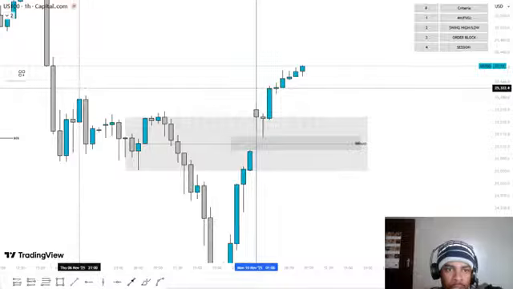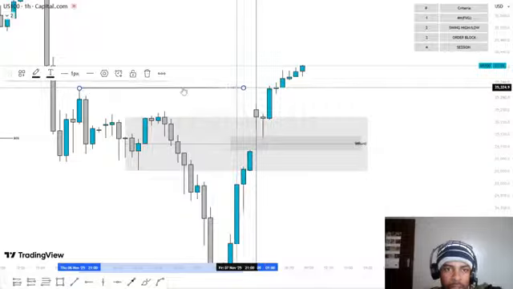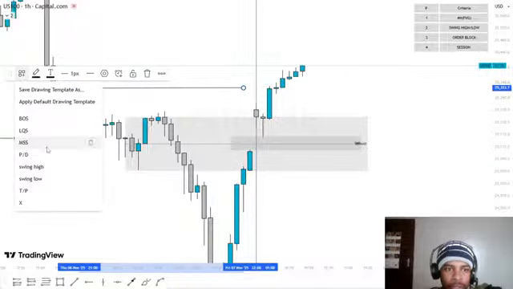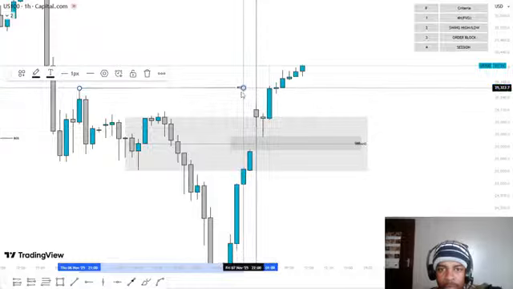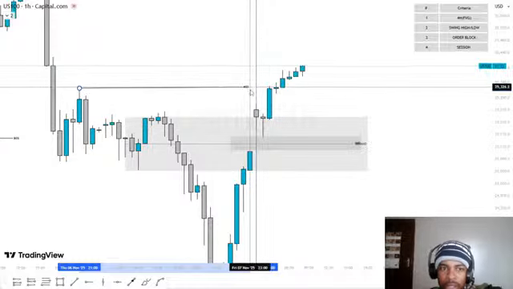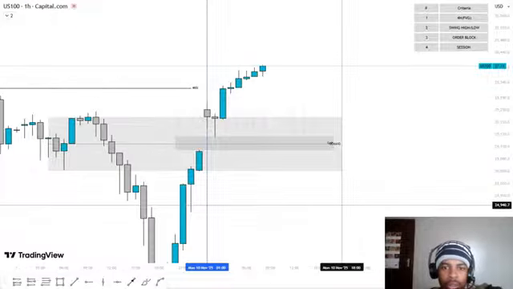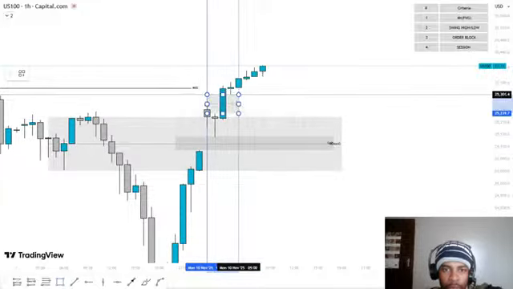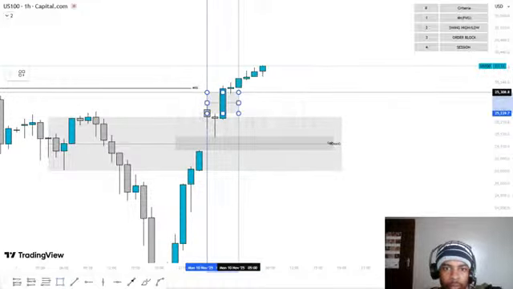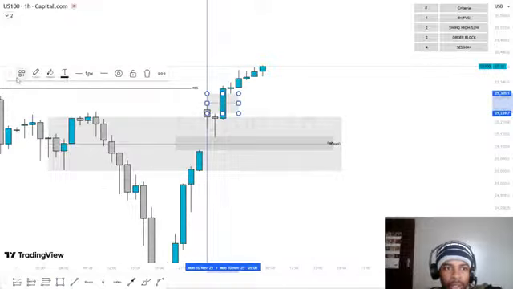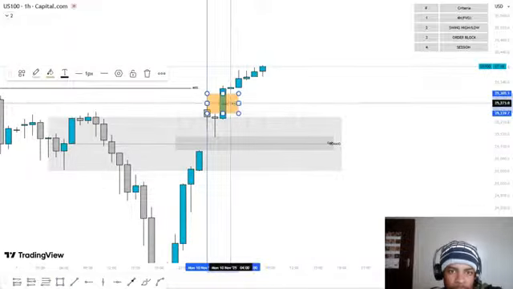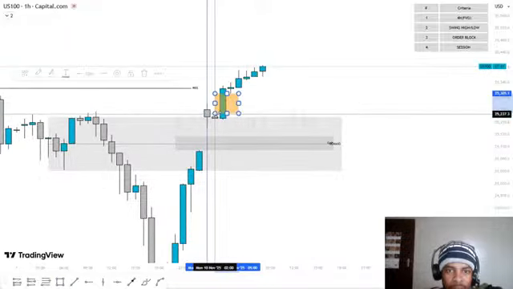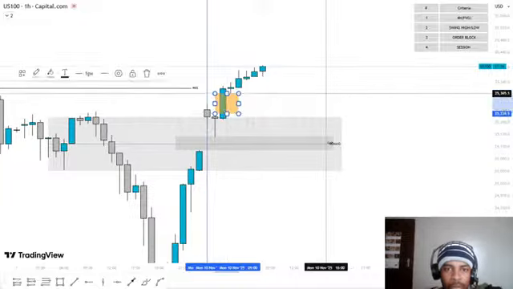I see that there's a market structure shift. Every time I see a market structure shift, it means it's our change of character, and it's now pushing to the upside. I can see there's a fair value gap right here. Simplify your analysis, make it as simple as possible.